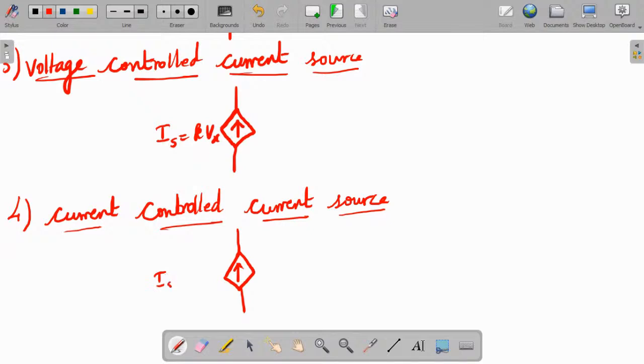Is is equal to K times Ix. Okay, is it clear? Any doubts? Shall we move on to network simplification techniques?